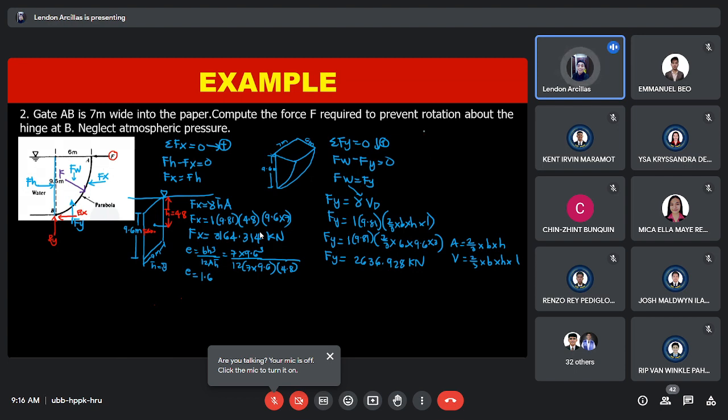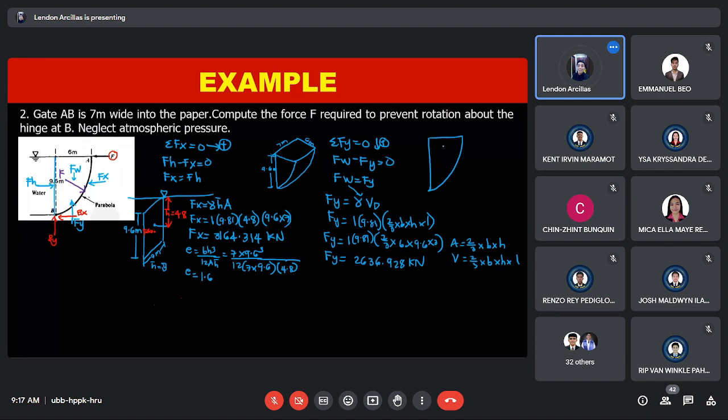So, how do we find the centroid of the parabola? So, this is the formula for the centroid of the parabola. Bakit kinukuha natin yung centroid dito? Since dito, yung ating location ng F is doon sa center of pressure, sa vertical naman is doon sa centroid.